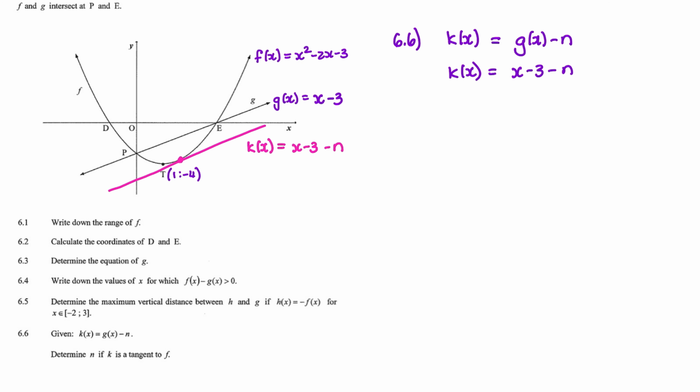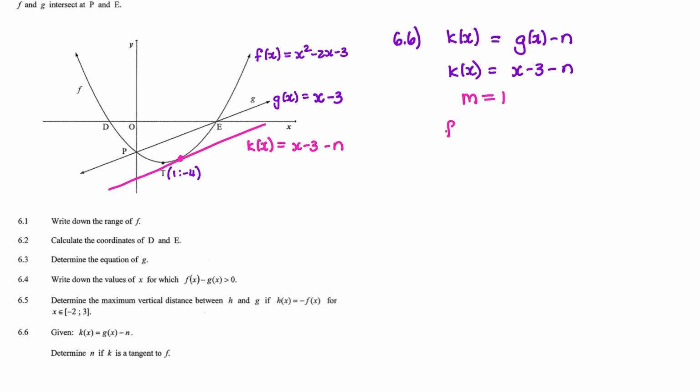So if it is a tangent to the curve, we know that the gradient is equal to 1, but we also know that f(x) is equal to x squared minus 2x minus 3. But gradient can be represented as the first derivative. So the first derivative of f(x) is 2x minus 2.